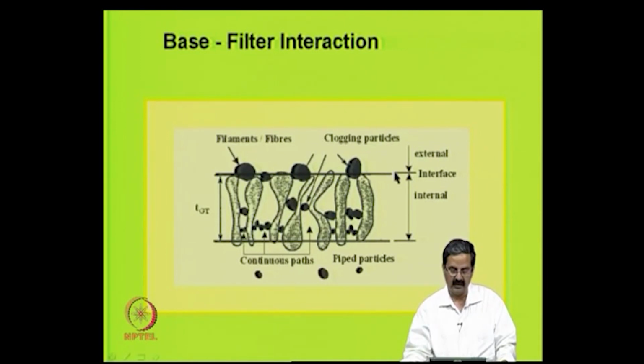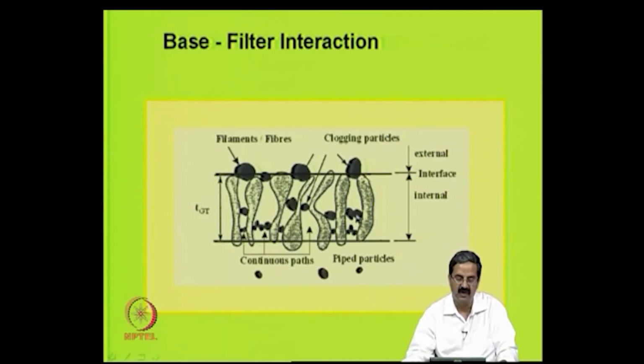See, external clogging: this is a geotextile material, this TGT is the thickness of the geotextile, and if there is some deposition here, the geotextile can lead to clogging, that is external. Internally also it is possible that it can clog, like this, with some biological depositions and all that.